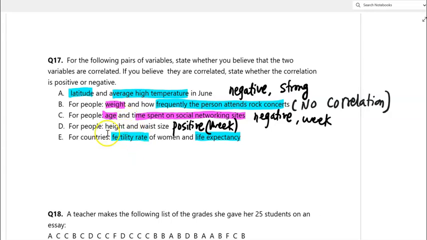So the woman who has more children lives shorter than the woman who has no children. So these two variables have a negative correlation, and it could be strong negative. Okay, strong negative correlation between fertility rate and life expectancy.